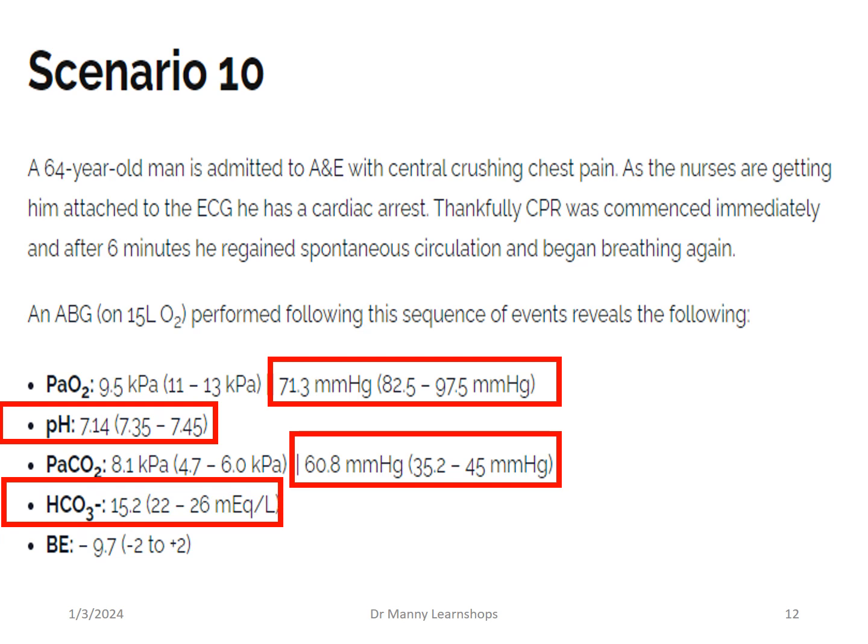You look at the bicarbonate, very low, indicating acidosis, and you look at the base excess, very, very low, indicating acidosis. So what's our interpretation of this blood gas? I'll leave you a few moments to review and consider.